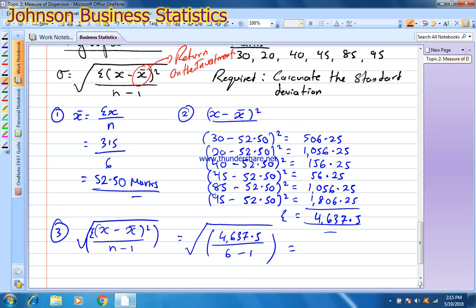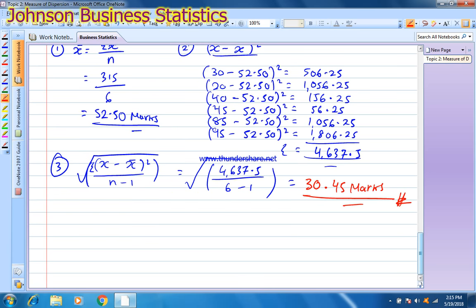So you should get 30.45 marks. So yeah, it gives you a failing rate.